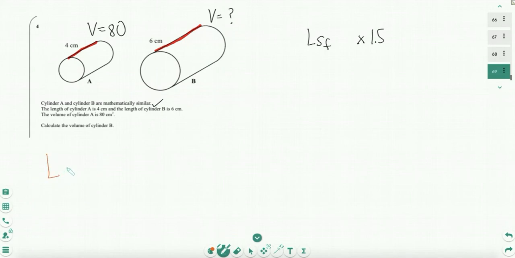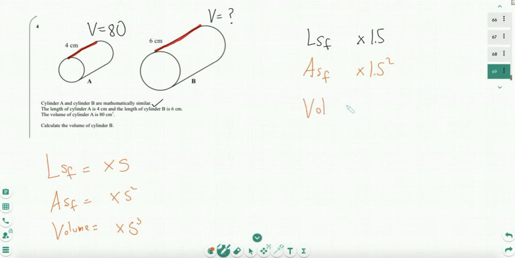Well, remember, guys, if the length scale factor is times s, the area scale factor is times s squared, and the volume scale factor is times s cubed, where s is the scale factor. So if our length scale factor is 1.5, to find the area scale factor, we'll do 1.5 squared, and the volume scale factor will be times 1.5 cubed.